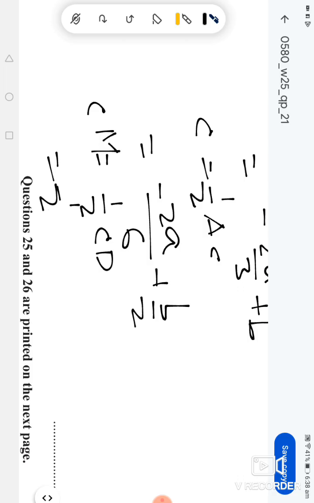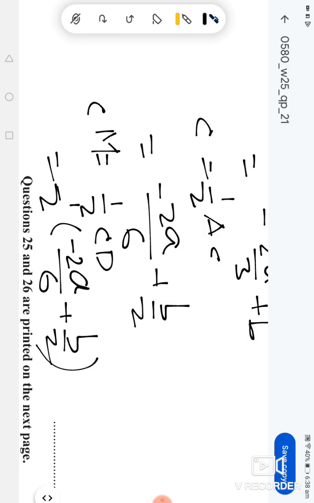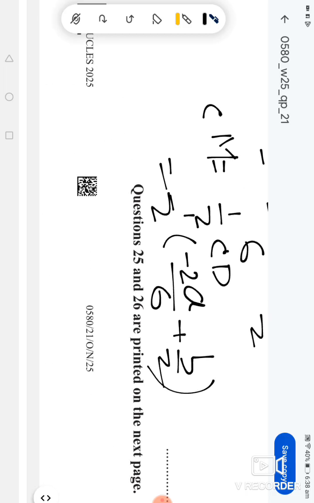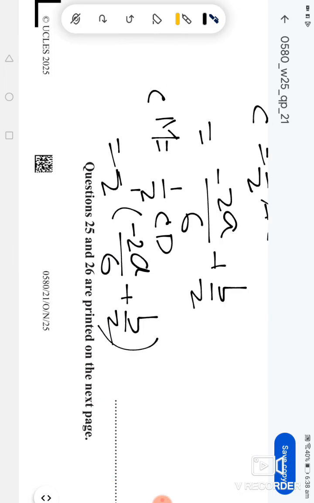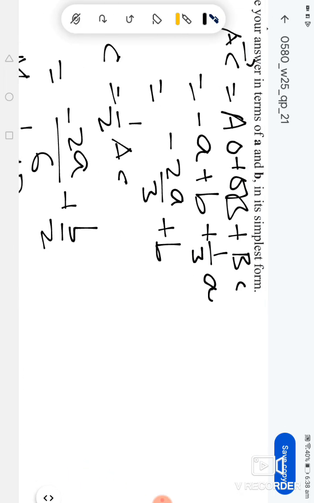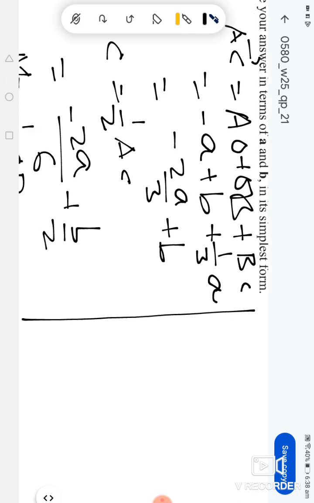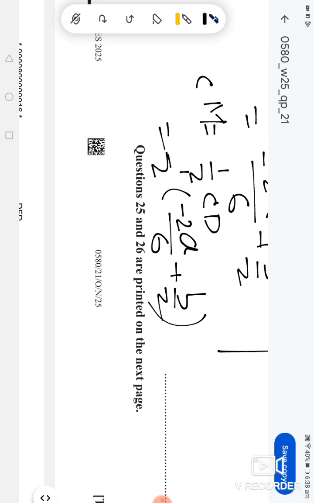So 1 by 2 of minus 2a by 6 plus b by 2 is a by 6 plus b by 4.